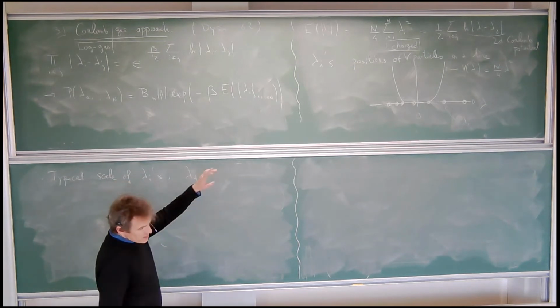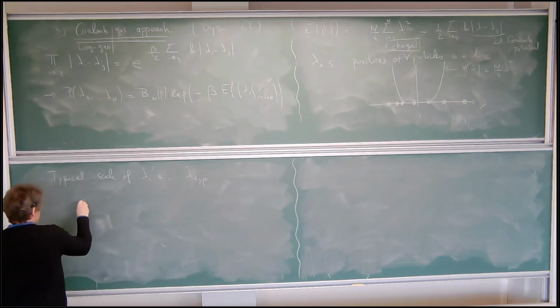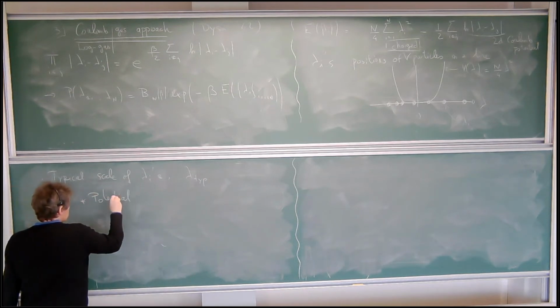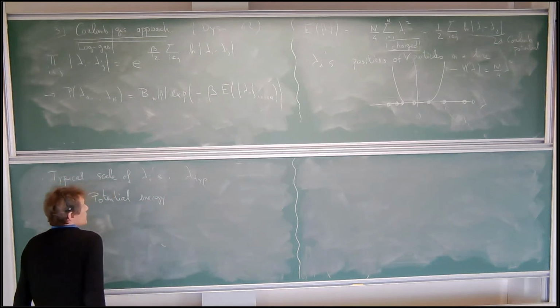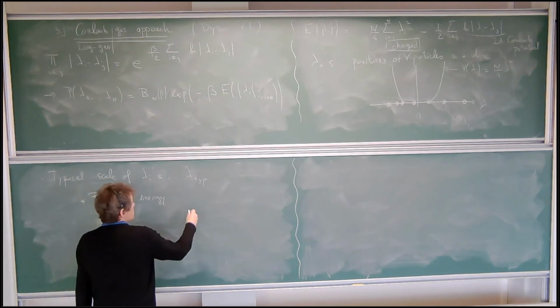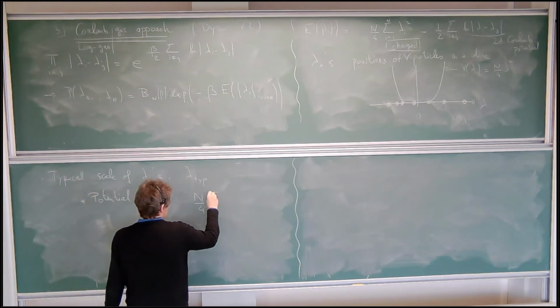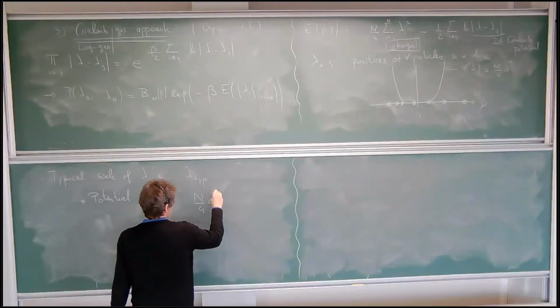Okay, so let me just estimate separately the potential energy and the interactions. So the potential energy is simple to estimate, right? Because this is just n by 4 times the sum from i equals 1 to n of lambda i squared.